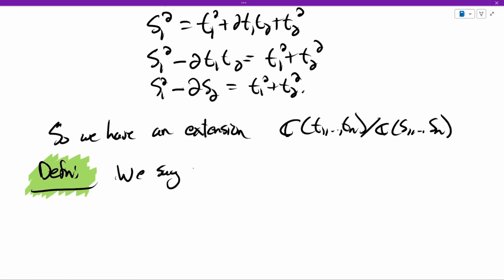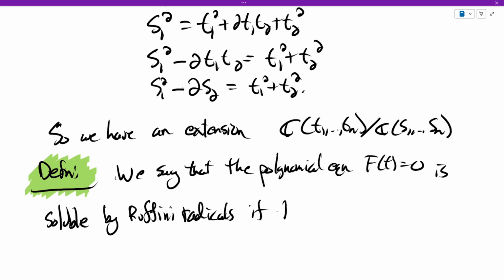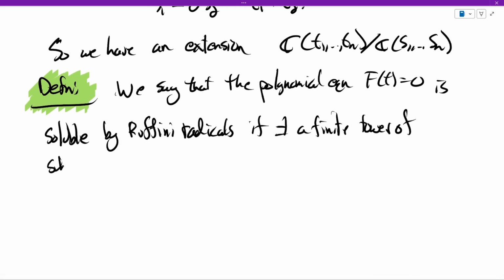We say that the polynomial equation f of t is 0 is soluble. I think I wrote solvable in the beginning, but I meant soluble by Ruffini radicals, if there exists a finite tower of subfields, or intermediate fields, where you start with the symmetric ones.